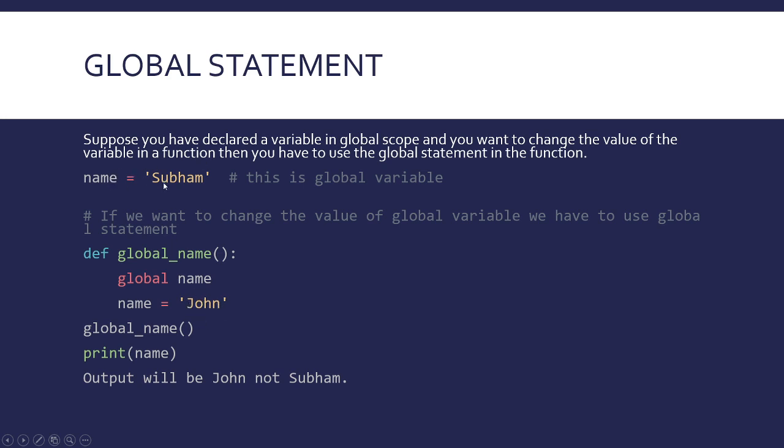Then the original value will get replaced by this new value, and of course we have to call the function in order to execute this task. Here, I have created this global variable and assigned it my name Shubham, and then I changed the name to John, and then I called this function and printed the name. The name that will be printed on the screen will be John, not Shubham, because we have changed the global variable. So this is how we can change a global variable using the global statement.